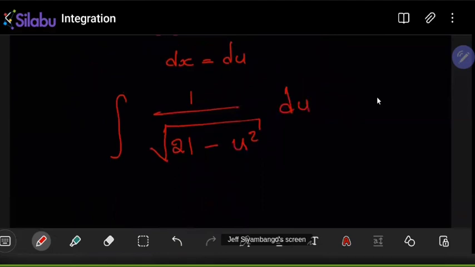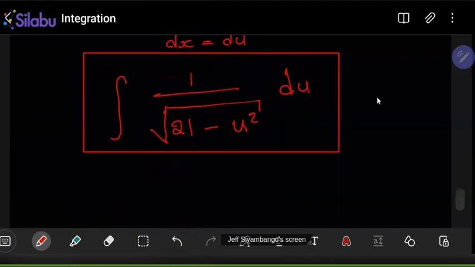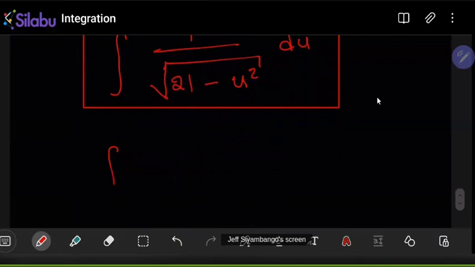And when you look at this expression, you see it looks similar to what we were integrating by using that sine substitution. That sine substitution worked for when you have the integral of 1 over the square root of a squared minus x squared dx.